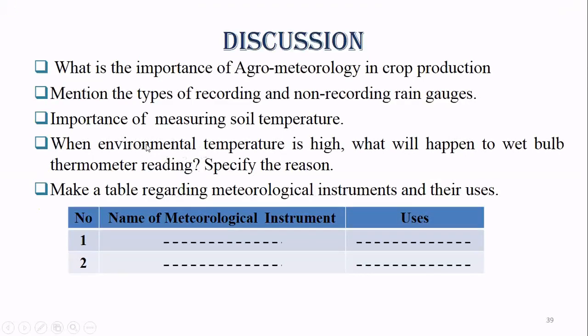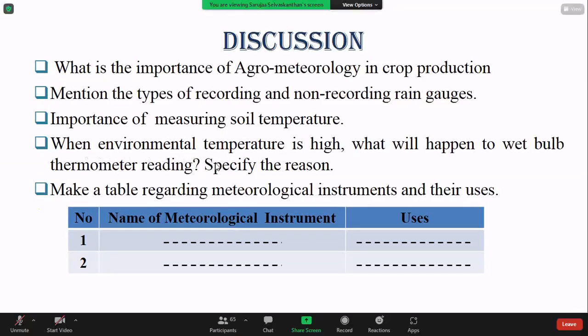And other than that, you need to answer: when the environmental temperature is high, what will happen to the wet bulb thermometer reading? Specify the reason. These are the things you need to additionally know.